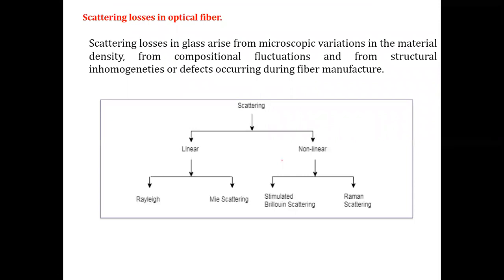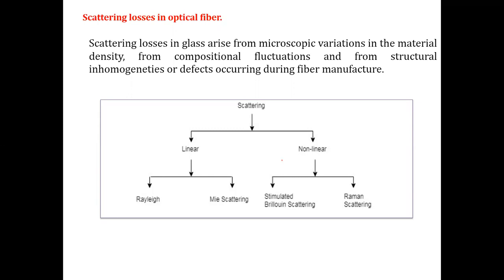So here the scattering losses in fiber exist due to various factors. One is microscopic variation in density of the fiber material, compositional fluctuation, another one is structural inhomogeneities, and another is defects in the fiber. Again, this scattering loss exists in optical fiber because of microscopic variation in the material density and composition.